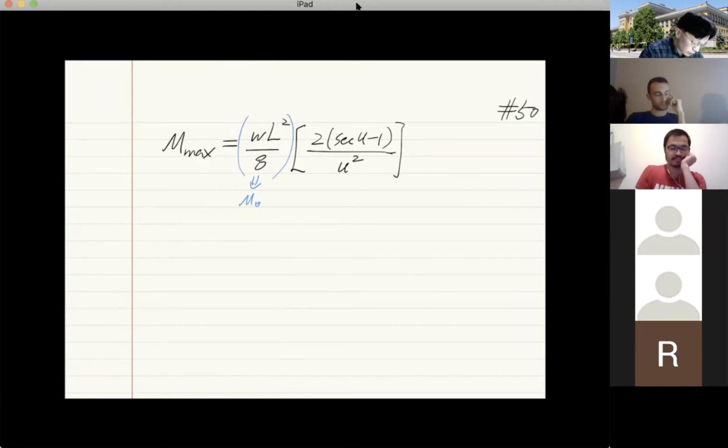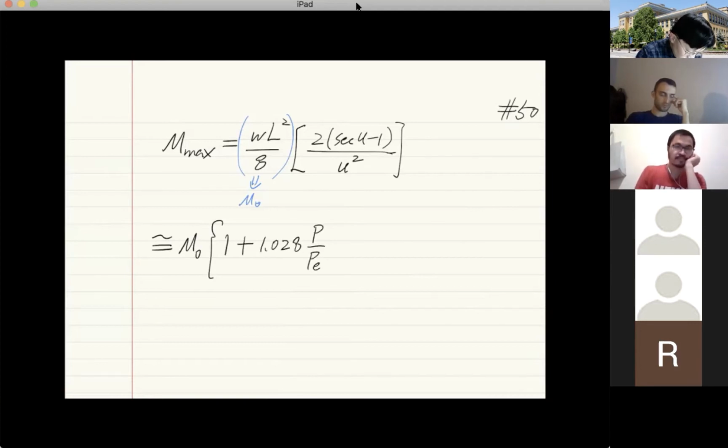And in here, we can also express this maximum moment in this way. We can call this M naught times 1 plus 1.028 times the ratio between P and PE, and times a series of these terms, which is the P over PE dependent.